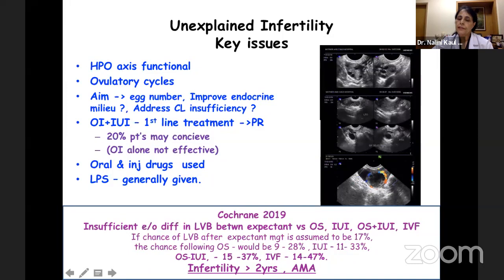However, if the infertility is more than 2 years or the maternal age is advancing, then you will find a benefit, and you should move on to first line treatment at the earliest.